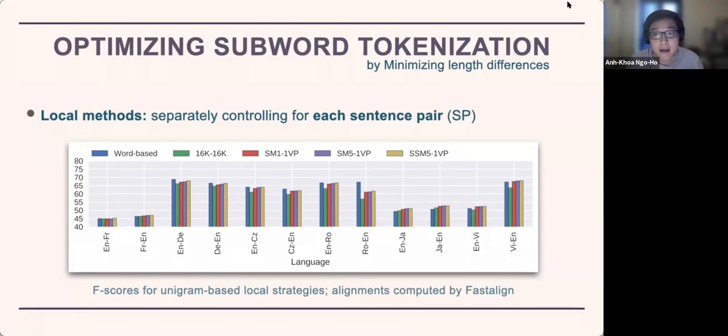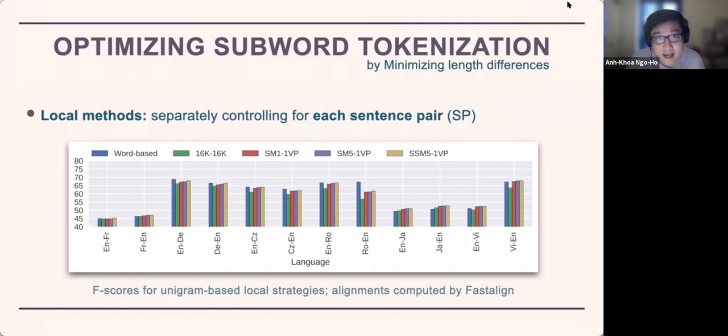Then I use unigram to generate more, different segmentations, and with the three methods I could improve on the one vocabulary size pair. Then I compare with the word-based.